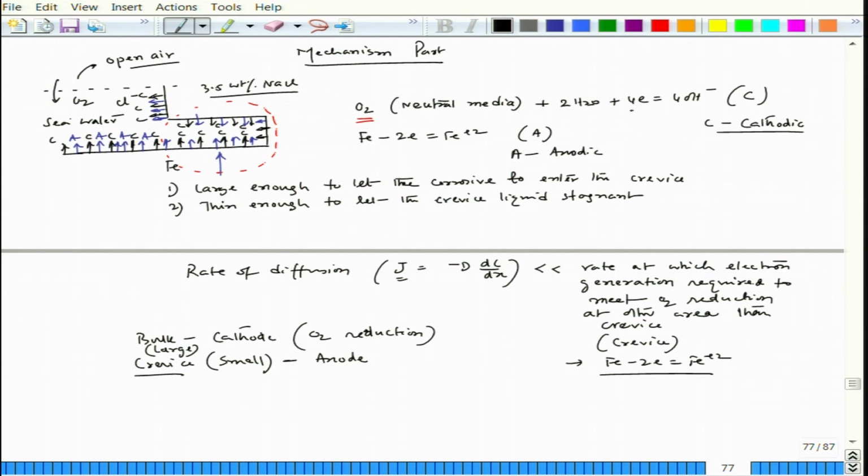There we need electrons. So, this becomes anode, and this is a classic example of galvanic corrosion. Here, why galvanic? Because oxygen reduction happens on the outer side and iron oxidation happens in the crevice.